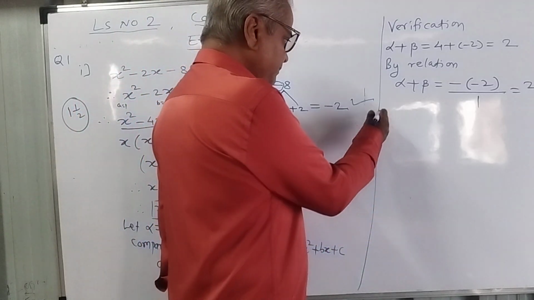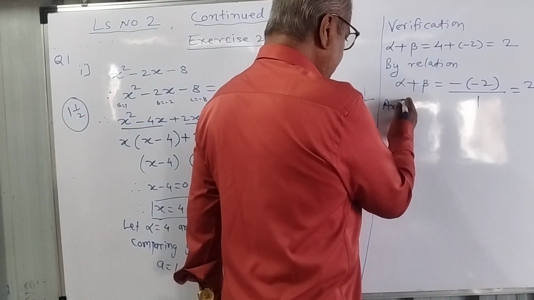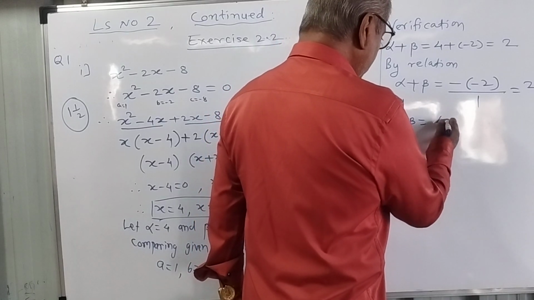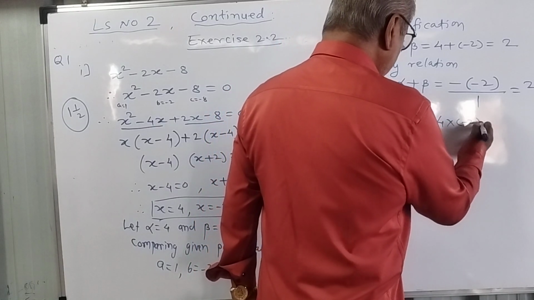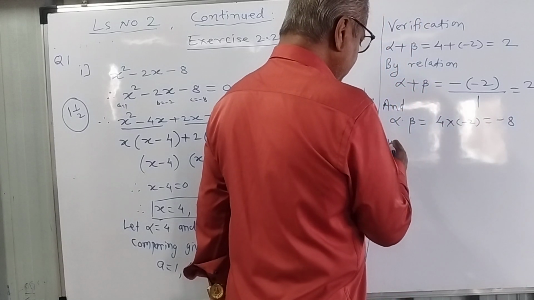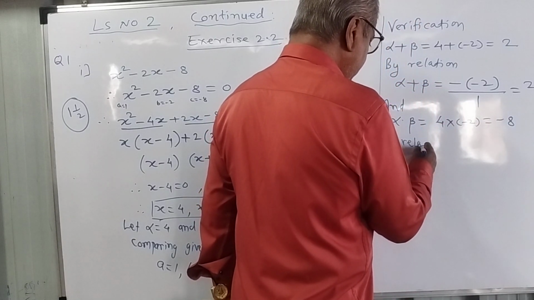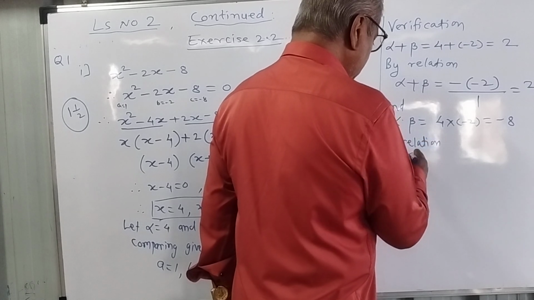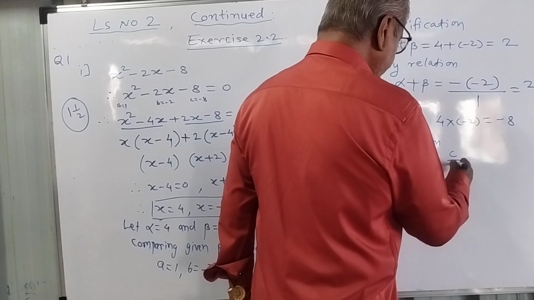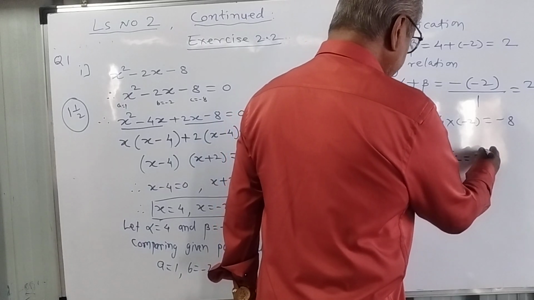One more relation, alpha into beta is equal to 4 into minus 2, which will give you minus 8. By relation, alpha dot beta, that is alpha into beta, is equal to c upon a. c is minus 8.